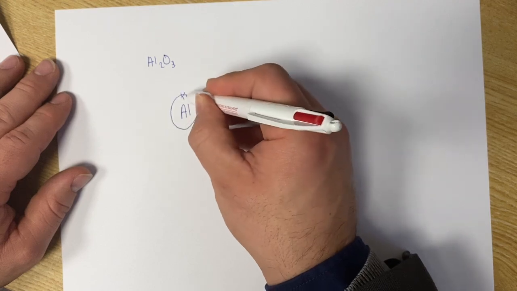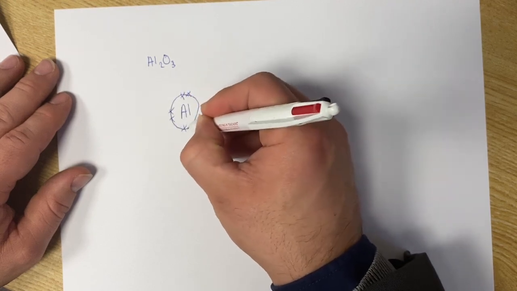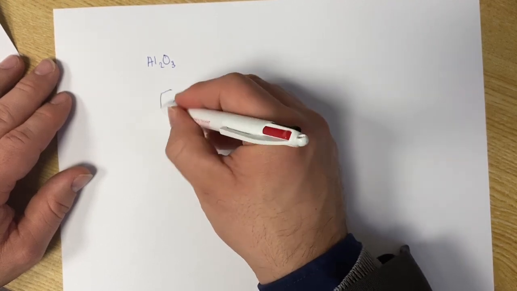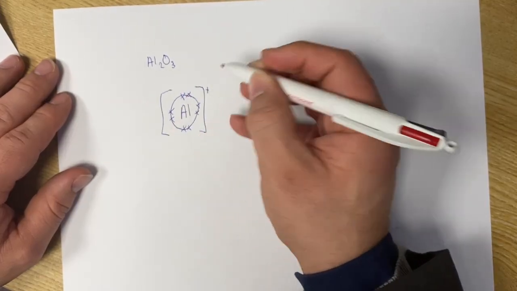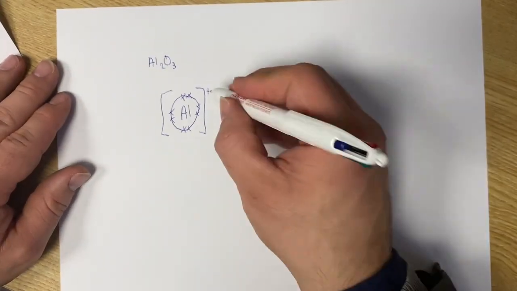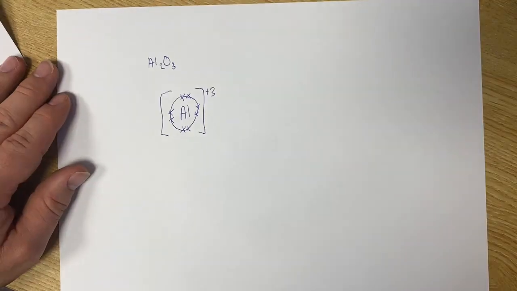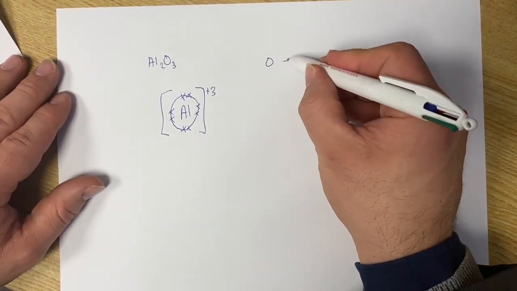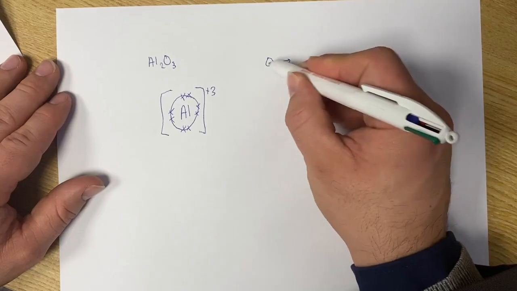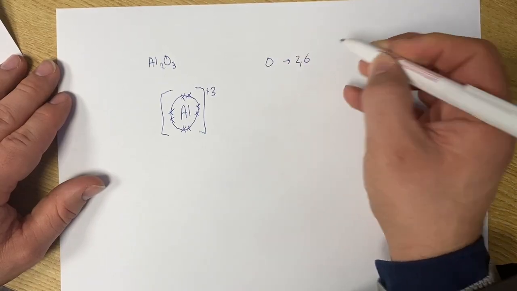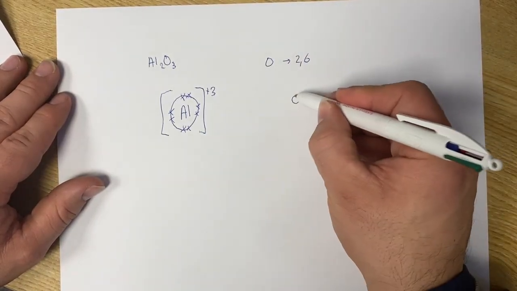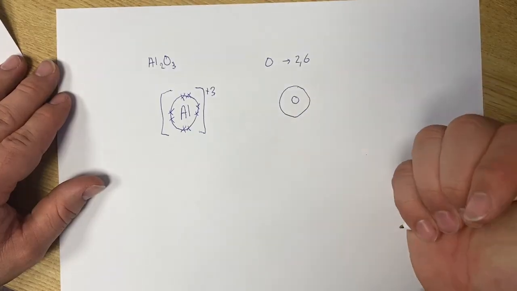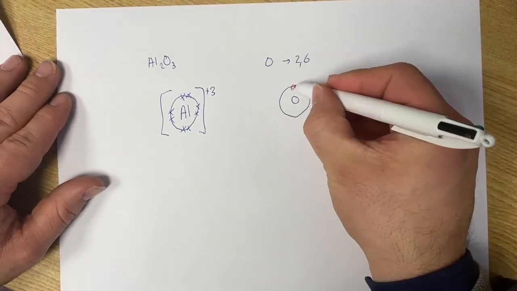I just simply put a circle, 8 crosses, square brackets, plus, and then whatever the group is, which in the case of aluminium is group 3. So nice and simple. And oxygen, when you check on the periodic table, its electron configuration is 2, 6. It's in group 6. So when you do oxygen, this time you do 6 dots.